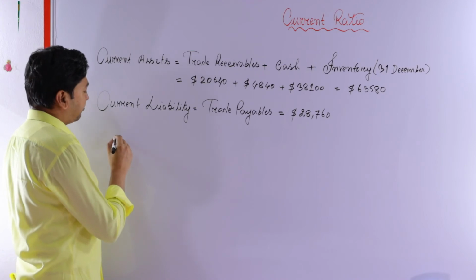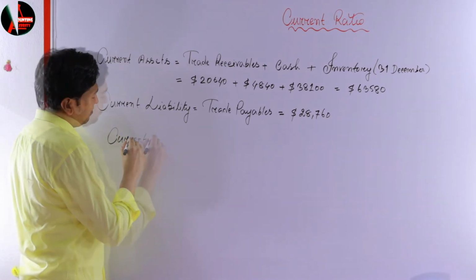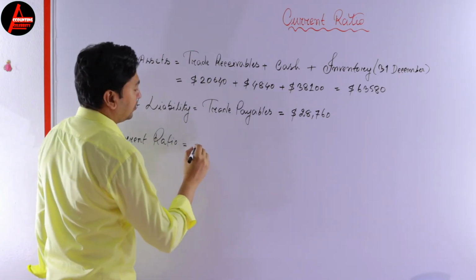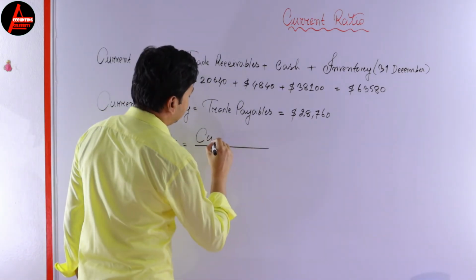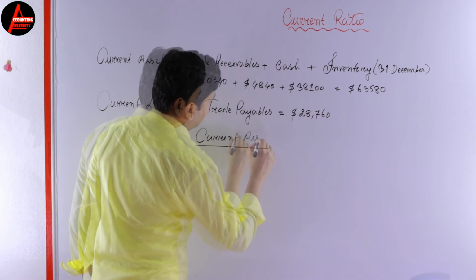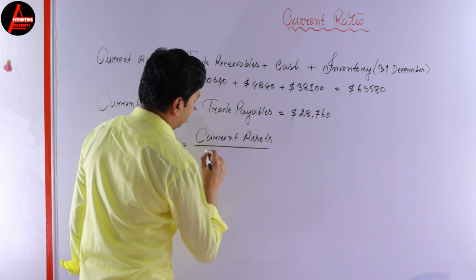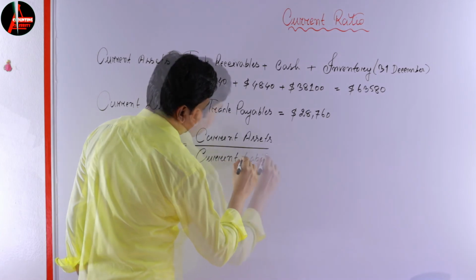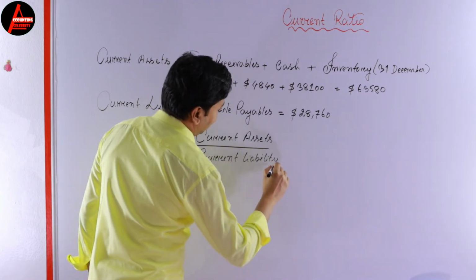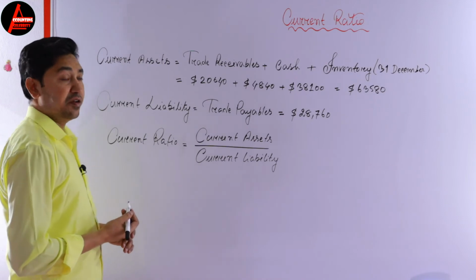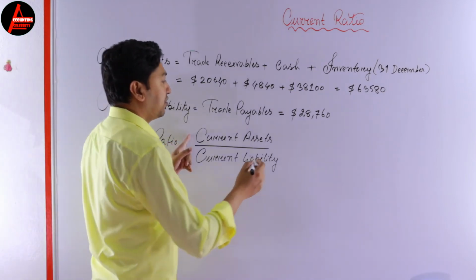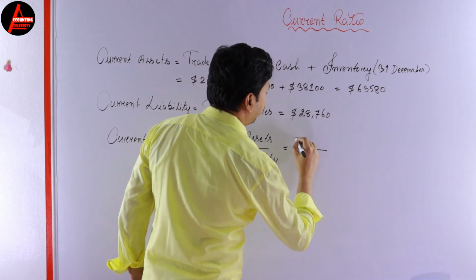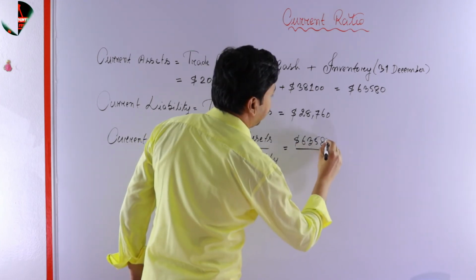Now let us write the formula. We know current ratio equals current assets divided by current liabilities. Here we have our current assets, which is $63,580.